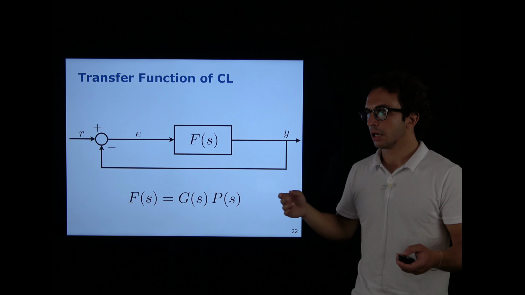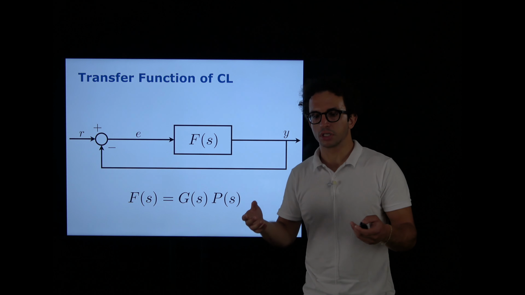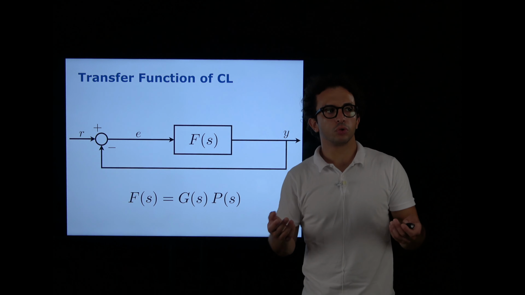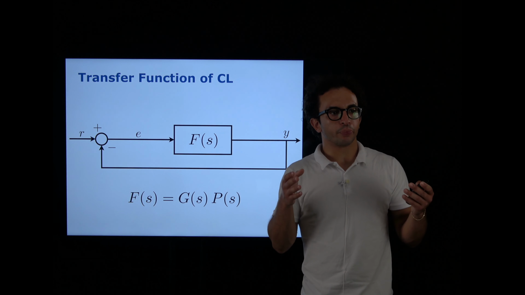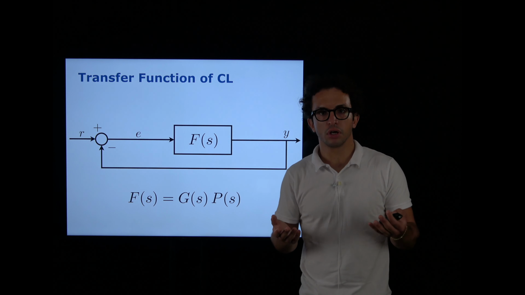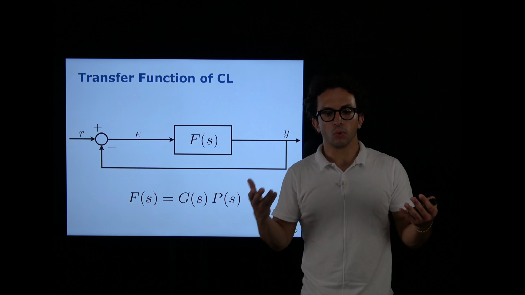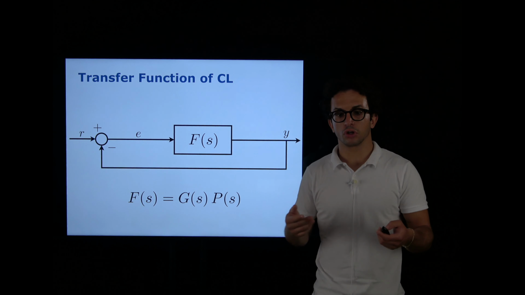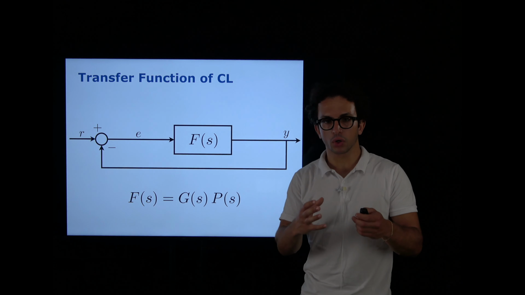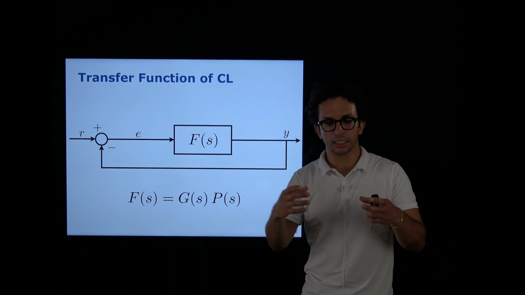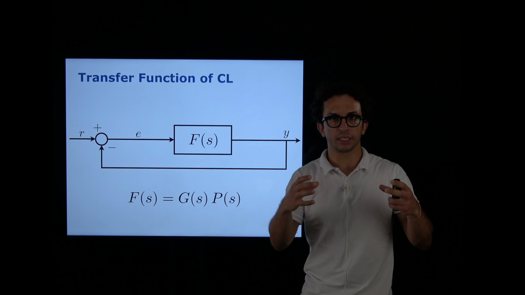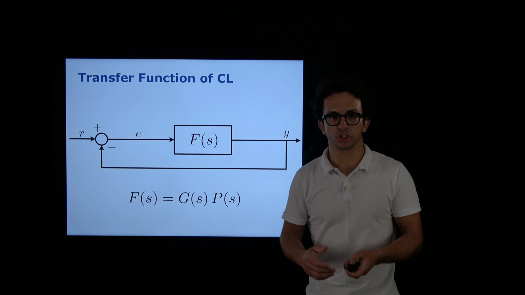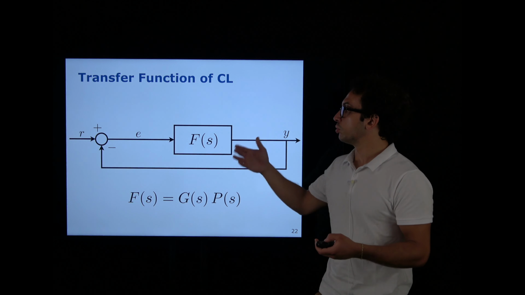Last time, when we introduced the transfer function, I introduced this input-output transfer function, and I told you this gives us the whole behavior of the system from the input to the output. We also introduced concepts such as controllability and observability and so on. So we would like to have one quantity that connects the input to the output. We know that everything that happens when we feed something to the system can be described by this transfer function. This is what we did last time, and this is what we want to do also now.